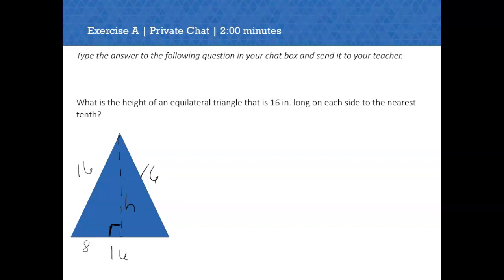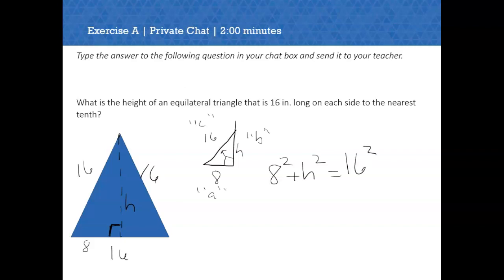So let's look at what we have. We have a triangle where we have 8, H, and 16, and here is the right angle. So the 16 is the hypotenuse. That's our C. We can use A and B interchangeably here. So we're going to say 8 squared plus H squared equals 16 squared. So let's take care of the exponents first. 8 squared is 64. 64 plus H squared equals 16 squared. 16 squared is 256.